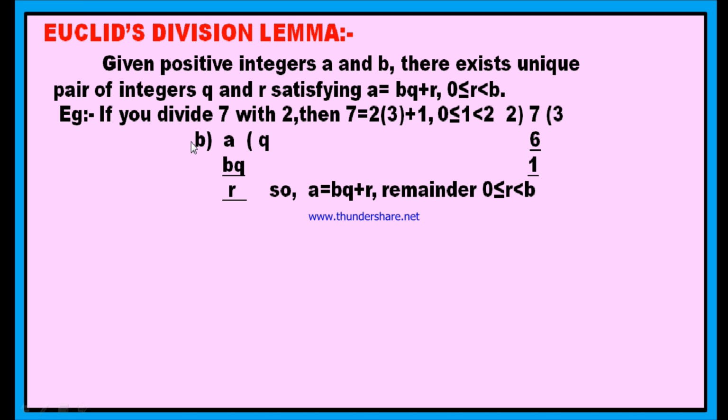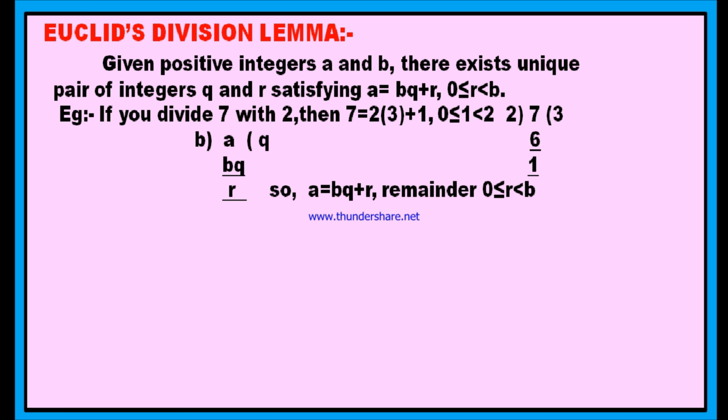Now b goes in a q times. And if you get the quotient, then you have to multiply these two. b into q is bq. And if you subtract bq from the dividend a, you will get r. So that you can write the a value as b into q plus remainder r. You see, a is equal to bq plus r.